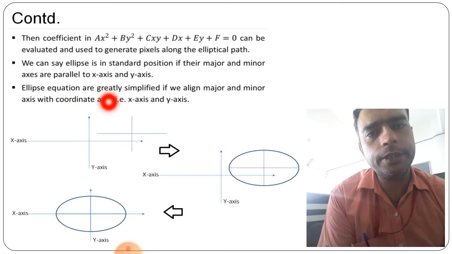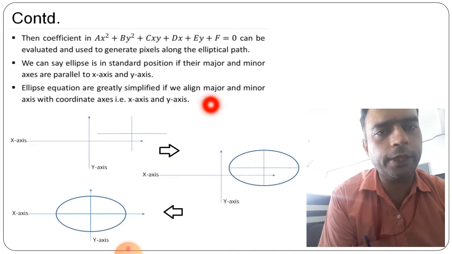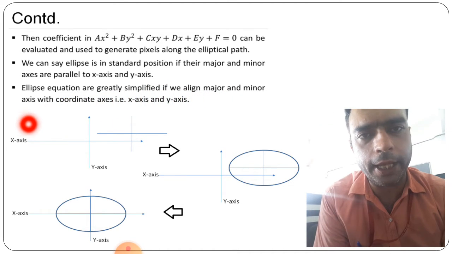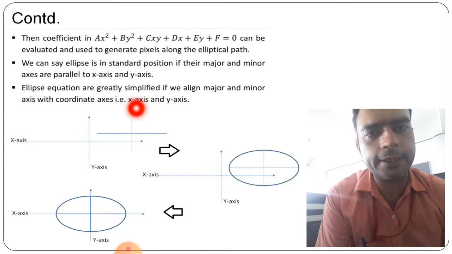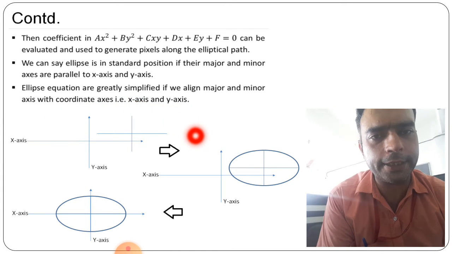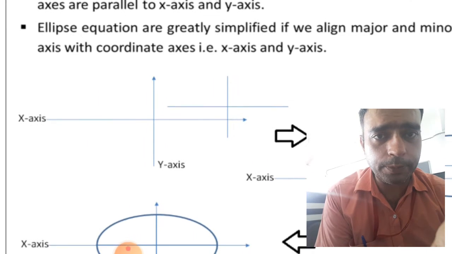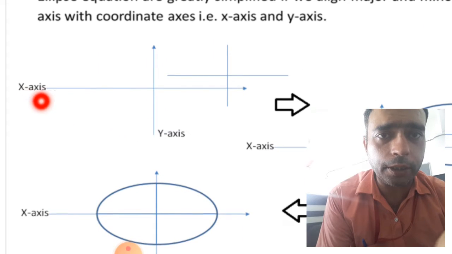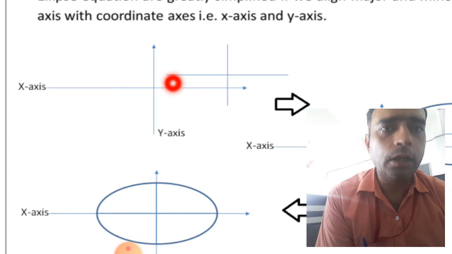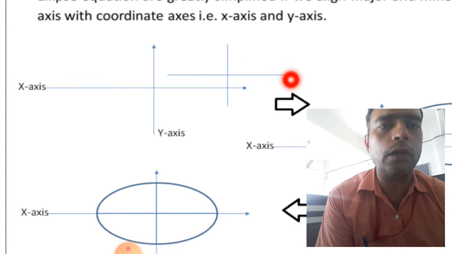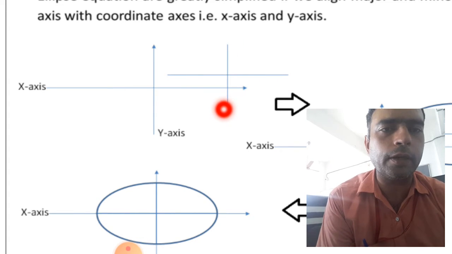So ellipse equations are greatly simplified if we align major and minor axis with coordinate axis, that is x axis and y axis. So here we are able to see this particular diagram. Here only the particular x axis and y axis is given. On the base of x axis one long line is there, on the y axis also a line is there.